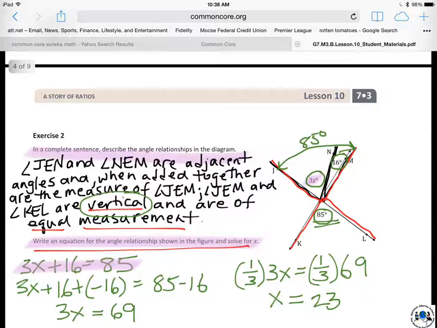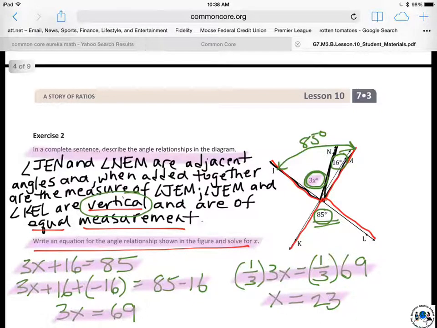So then I went ahead and did my solution, and hopefully everybody's getting really familiar with this. Take 16 away, isolating the x with the multiplicative inverse, and I end up with x equals 23. Now x equals 23, of course, is not going to be the answer, because we want to know what 3x equals here.